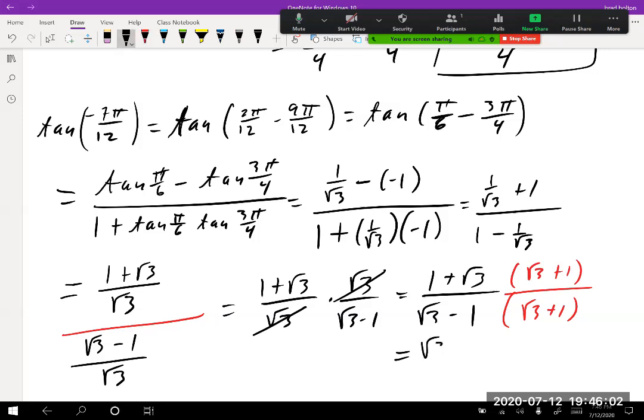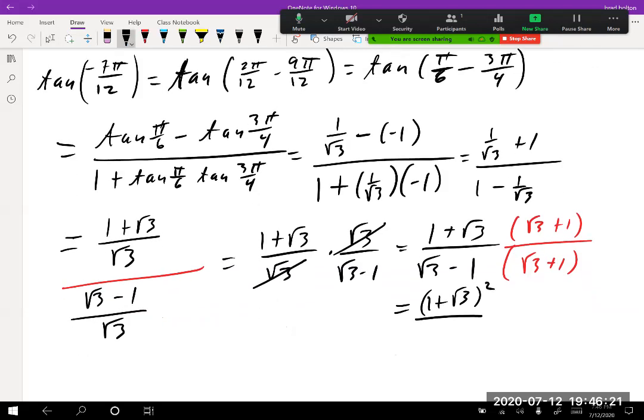So this would be square root 3. Let me see here. This would be 1 plus the square root of 3 squared divided by 3 minus 1, which is 2.